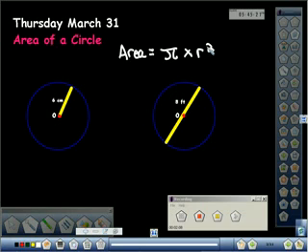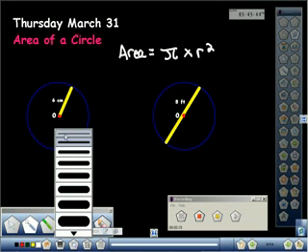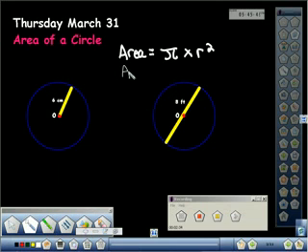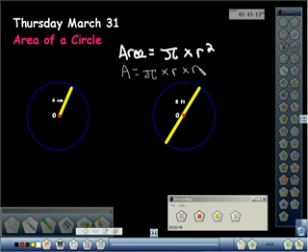But no. Write this in your notes and make sure you're clear. Radius squared doesn't mean radius times 2. No, no, no, no, no. It means radius times radius. It means the radius times itself. So we could actually look at that and we could say area equals pi times radius times radius, because that's what radius squared means.